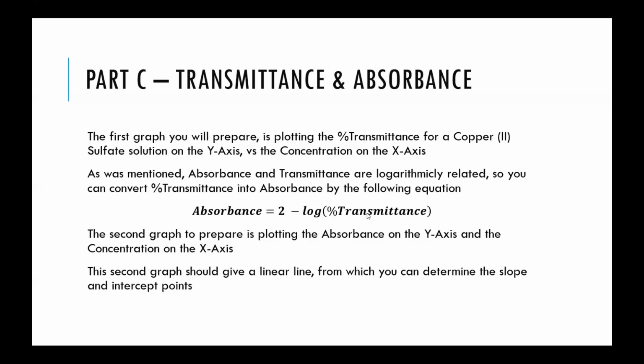And you do not need to convert that into decimal. So if a transmittance value is 57%, the absorbance value will be 2 minus the log of 57. And absorbance will be a fraction.